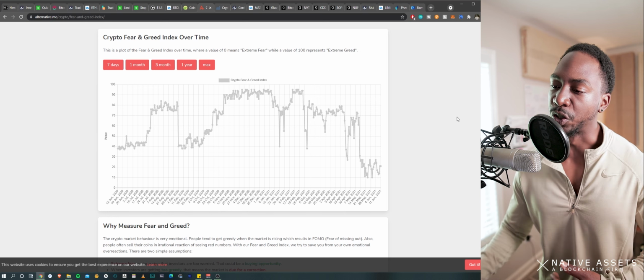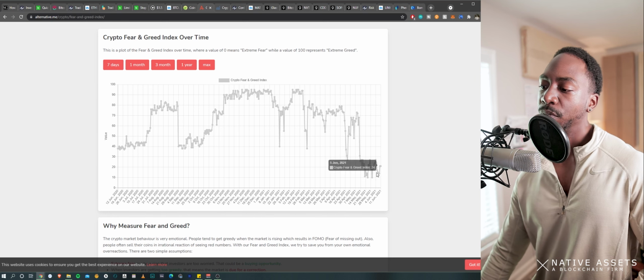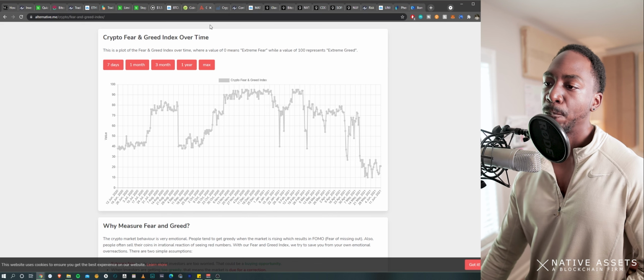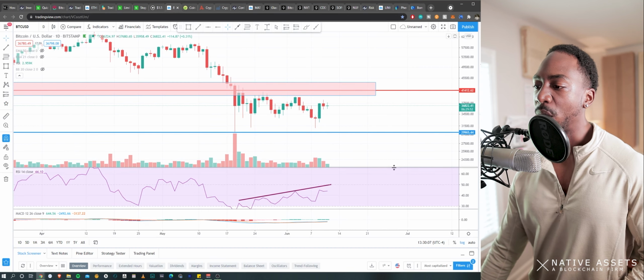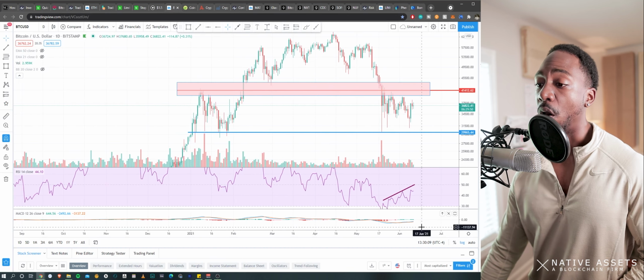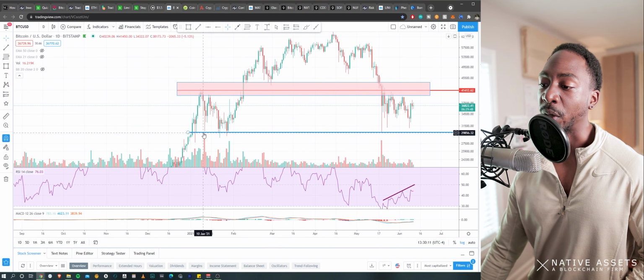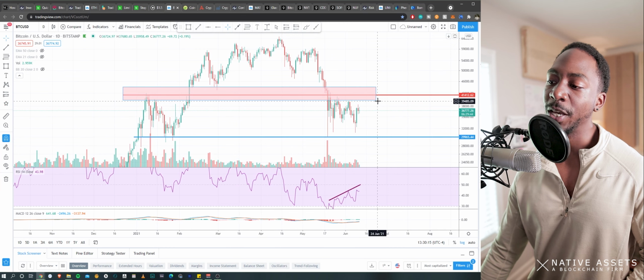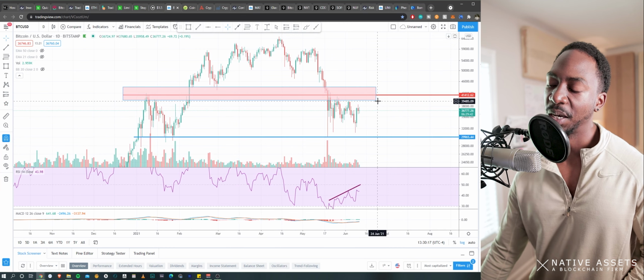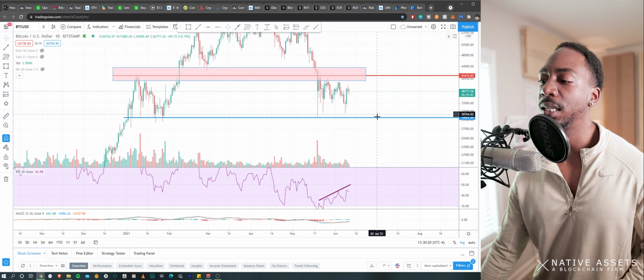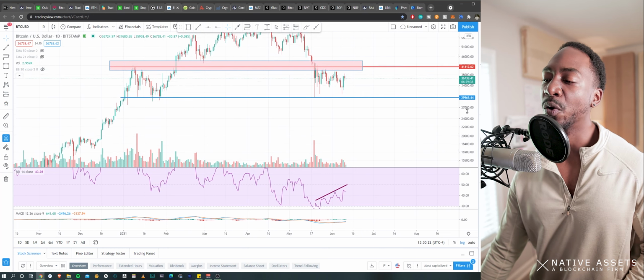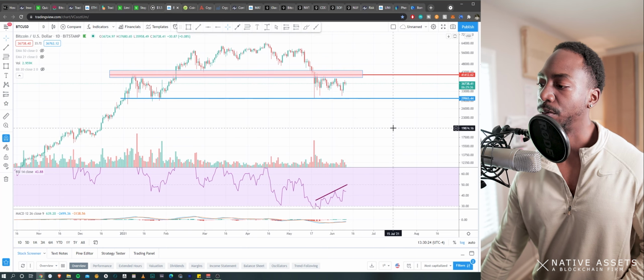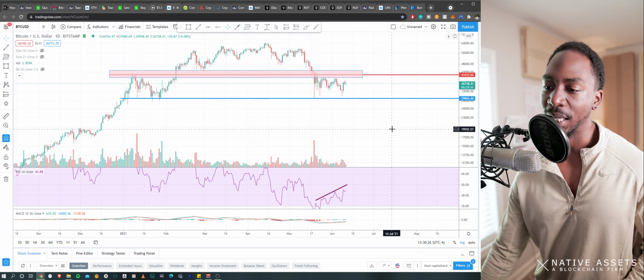And so one could presume that if we were to take this information and look at what we have going on in a larger, multi-month trend in terms of support and resistance, that sure, we have a fight up here and we've lost it a couple times, but one could say that we are nearing the bottom of the range, right? People have different numbers. Some people think it's 20K or so.